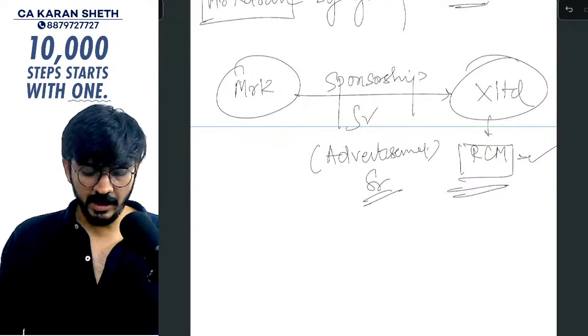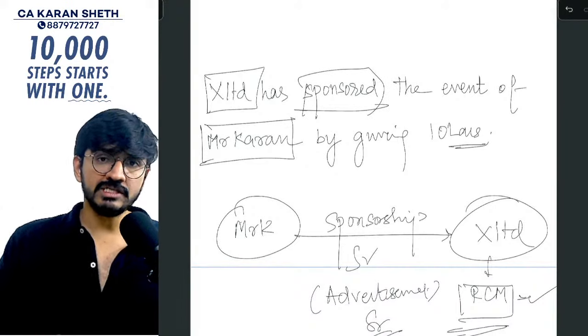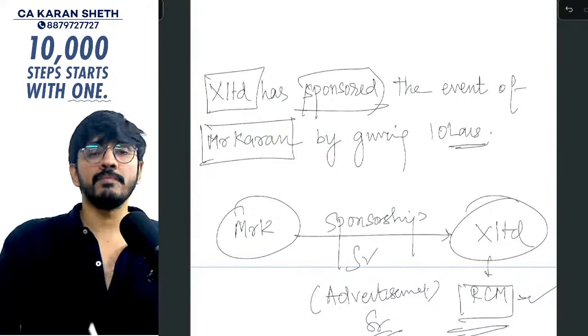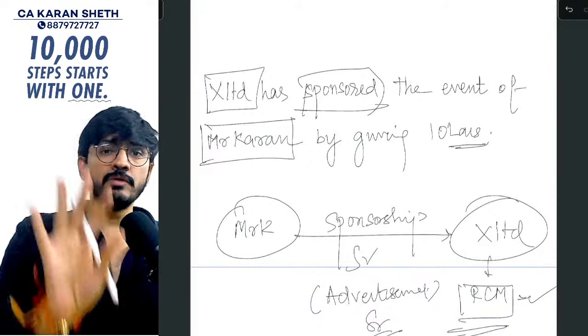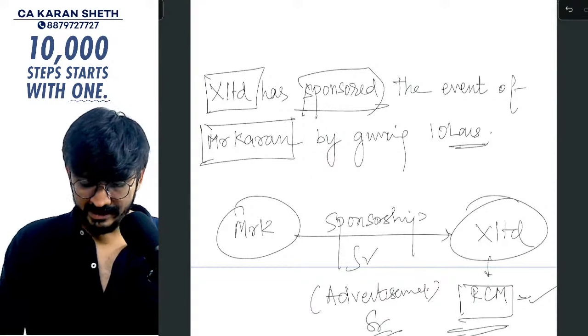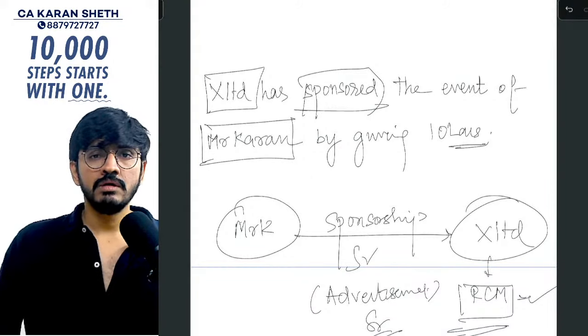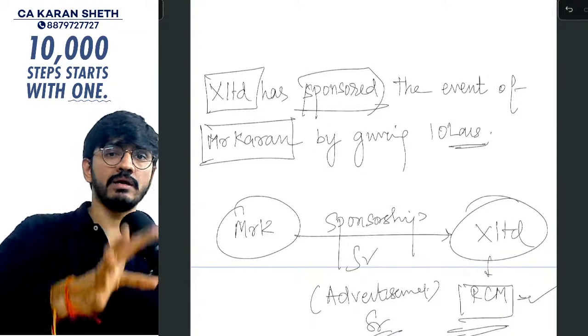So please understand one thing. When the word sponsored is used, you will first have to determine who has given sponsorship service to whom. And here, the majority of the people, what do they do? They say X Limited sponsored, so X is supplier, Karan is recipient. No! Understand, X has paid money to Karan.